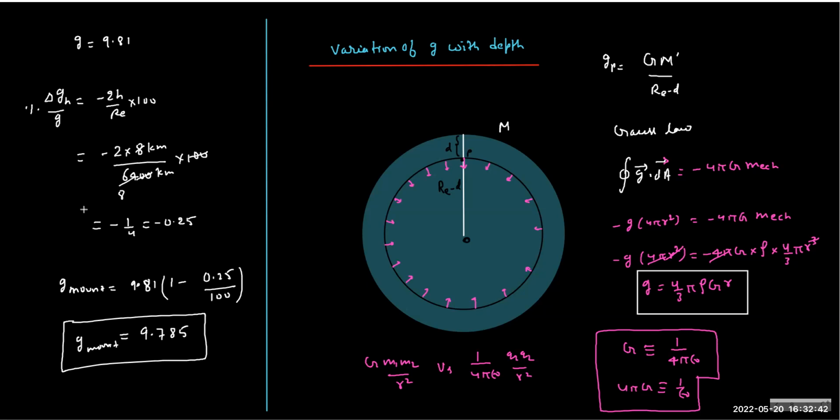So g depends on the two things. For a given density, what is the size of the planet? Let's say what is the value of R? And if you want to write in terms of, this is g_d, so that's at depth d. So it's pretty easy now.